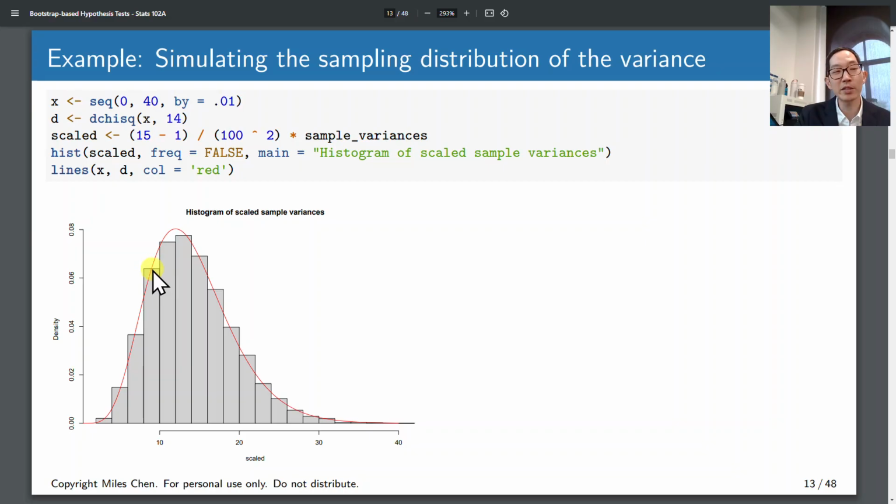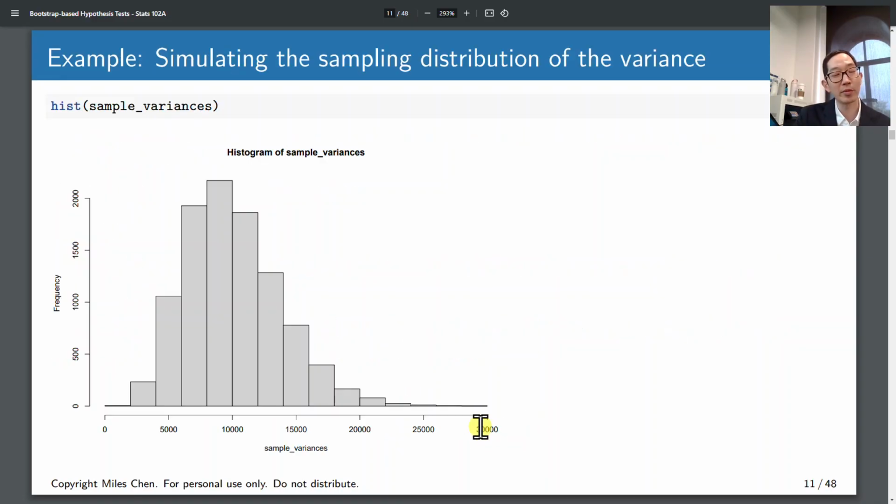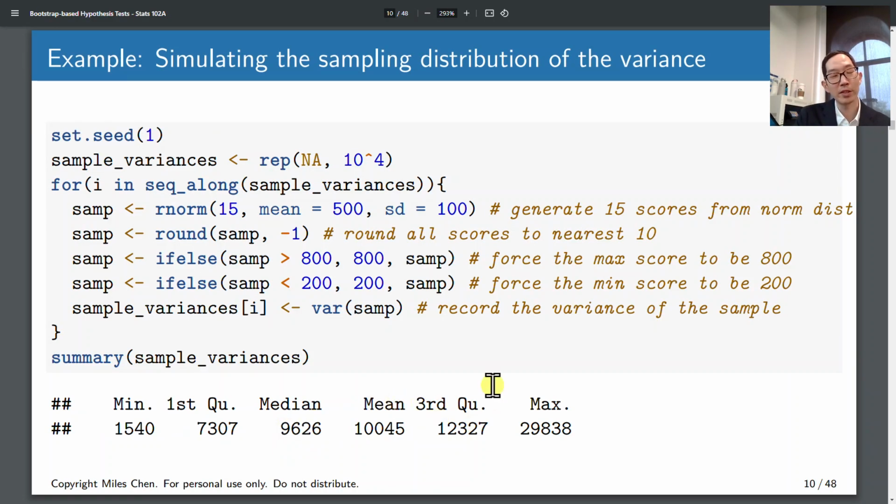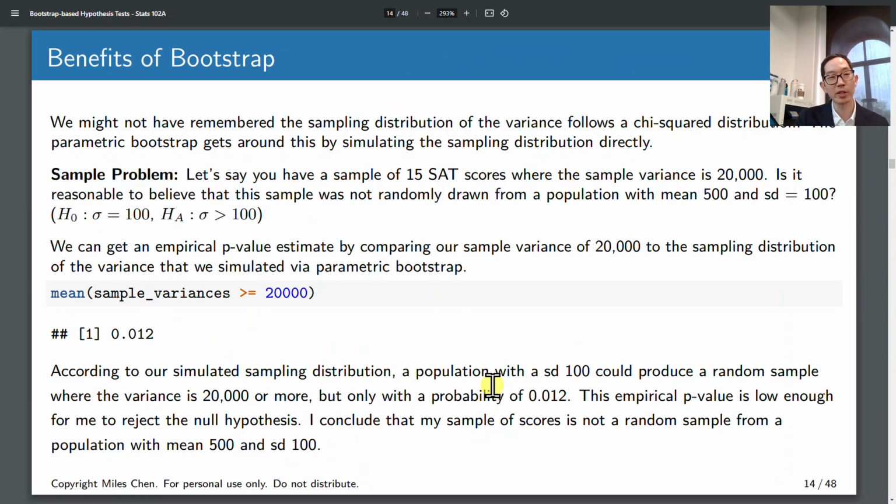Perfect alignment is if the red line goes right through the middle of each of these gray bars, and we're getting pretty close, not perfectly so, but pretty good alignment between the histogram, my kind of empirical sampling distribution, versus the theoretical one, okay? So yeah, the theory holds true, and when I simulated it myself, it looks like there's good agreement there.